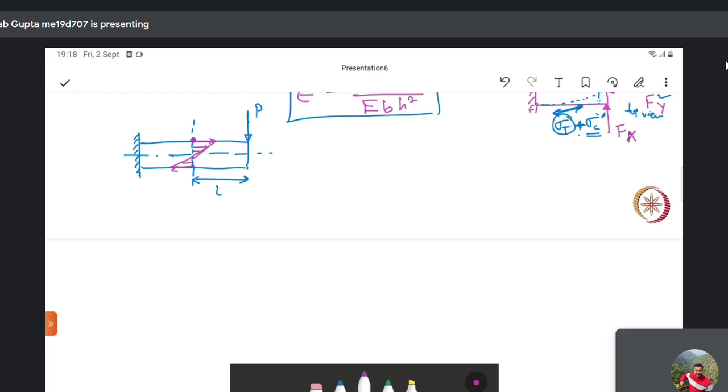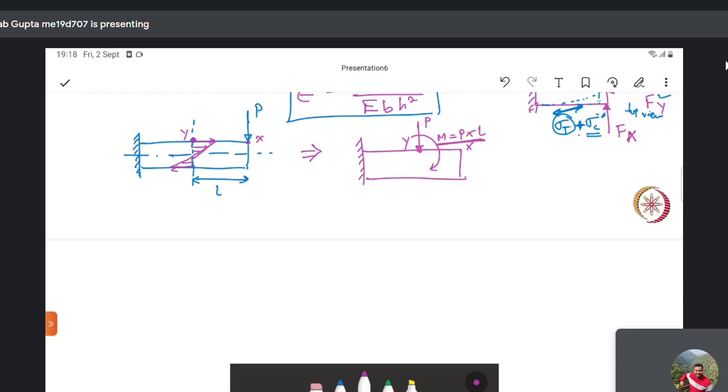Now say this is point X, this is point Y. At point Y, if we try to transfer the load, this is equivalent to a condition like this. So we have a point load P that is being added with a moment equal to P into the distance between X and Y, that is L. This is the moment and this is the normal load P.